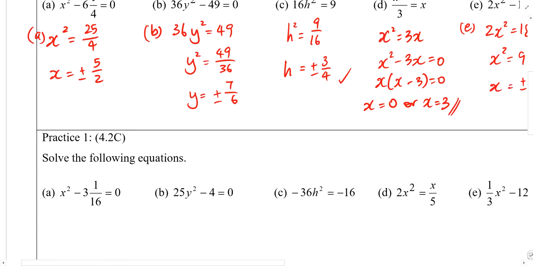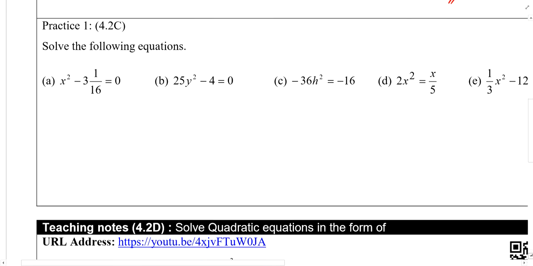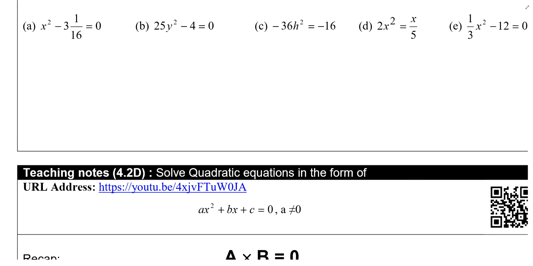So, practice. Okay. x squared equals 49 over 16. And then? 7 over 4. Okay, correct. Part B. Okay, good.